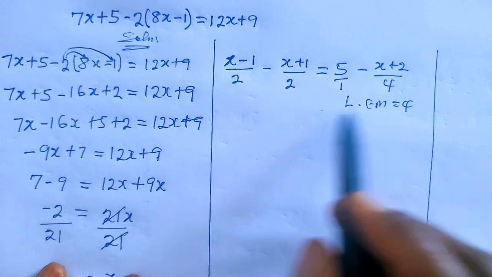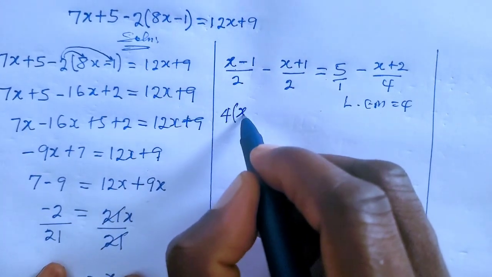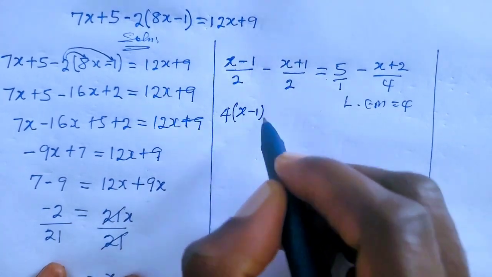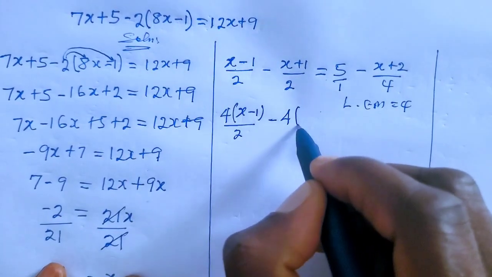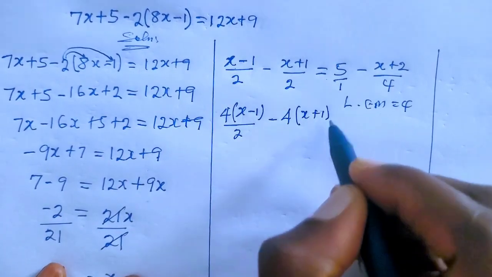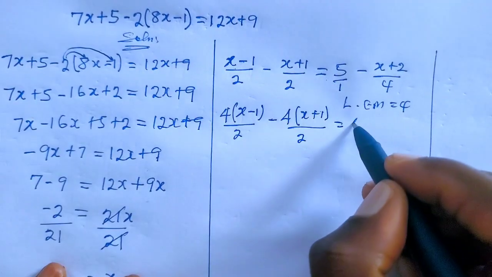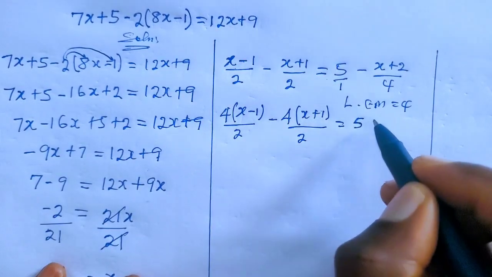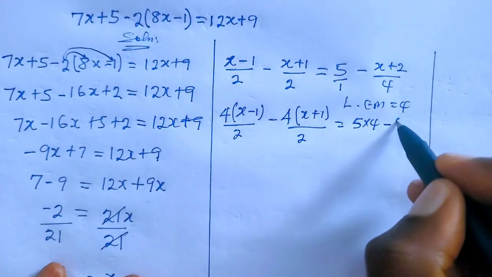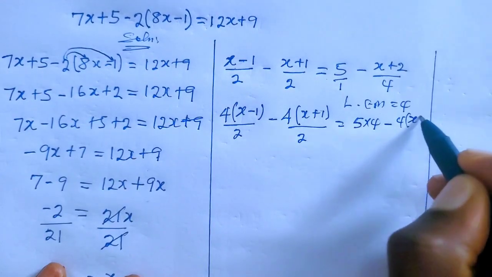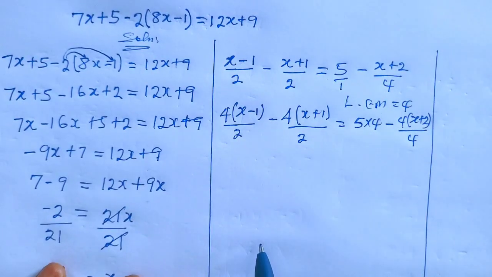Now, if you do that, we are going to have here 4 into (x - 1)/2 minus 4 into (x + 1)/2 equals 5 times 4 minus 4 into (x + 2)/4.